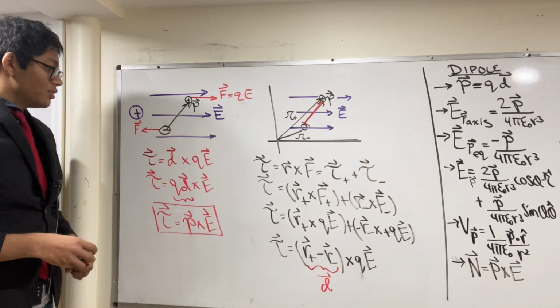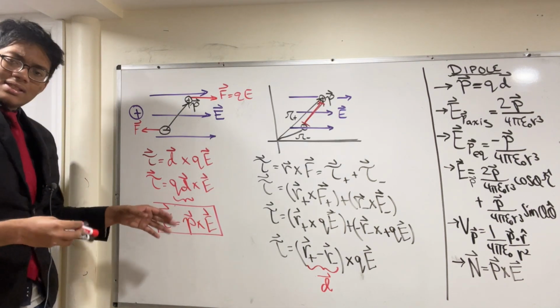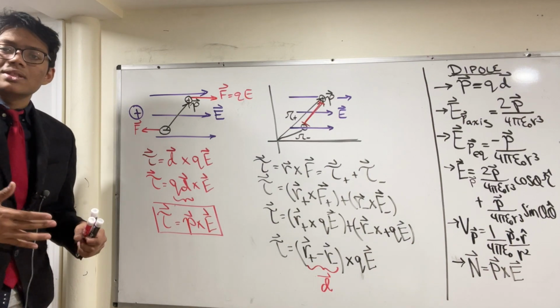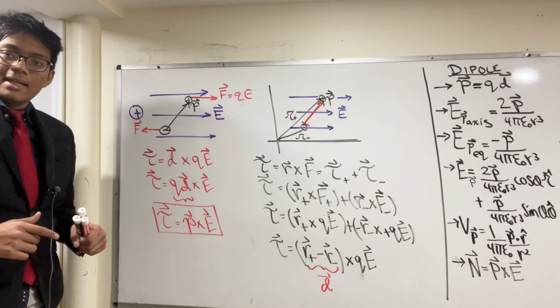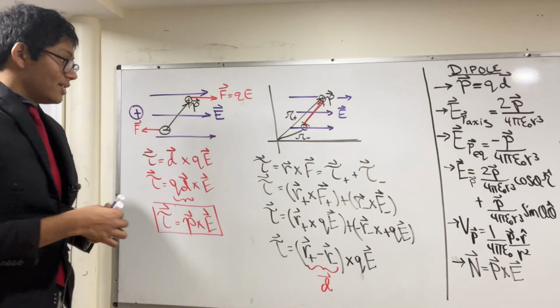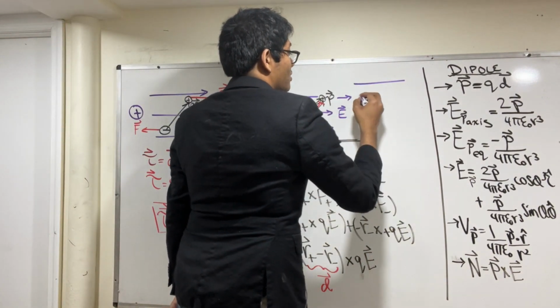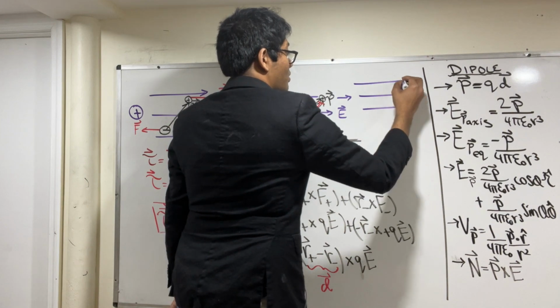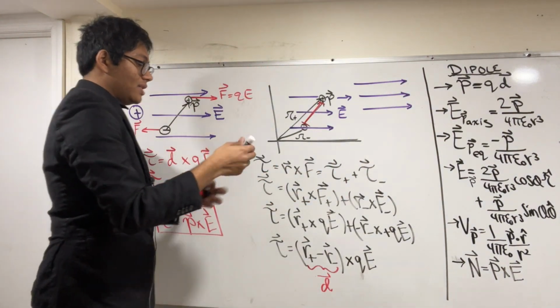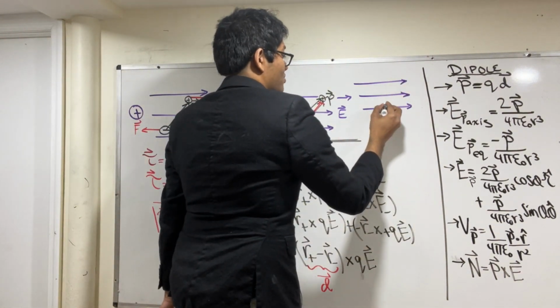So now you might wonder, okay, but what makes this formula valid? Can you give me some intuition for this formula? And the answer is yes. Yes, I can. So let's take a look at some examples. Let's say your uniform electric field is pointing this way, and your dipole moment is pointing this way.